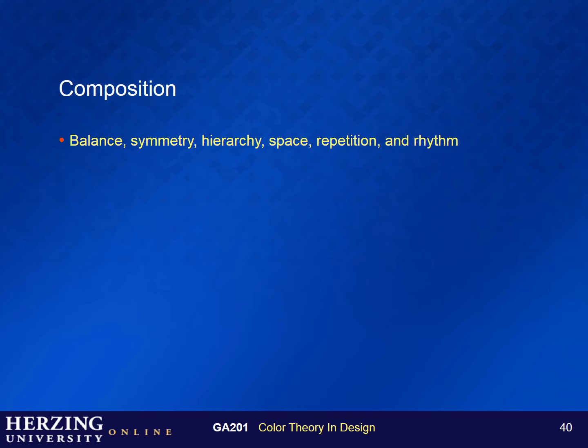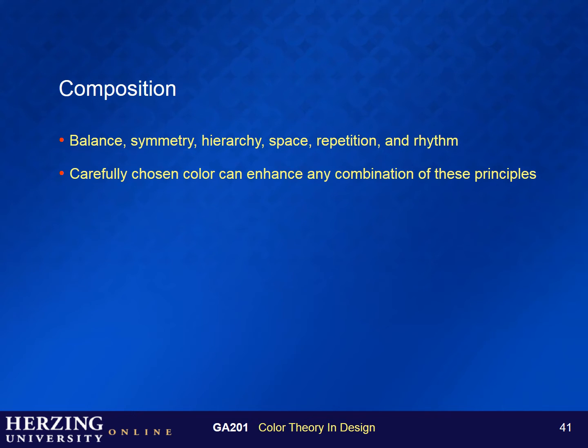By considering the principles of balance, symmetry, hierarchy, space, repetition, and rhythm, a well-resolved composition can be achieved. Carefully chosen color can augment or enhance any combination of these principles. It can be said that color can be the tour guide for the viewer as they navigate through the composition.